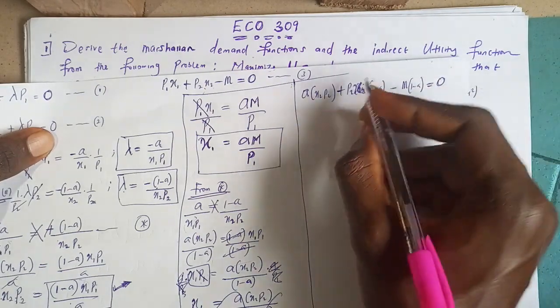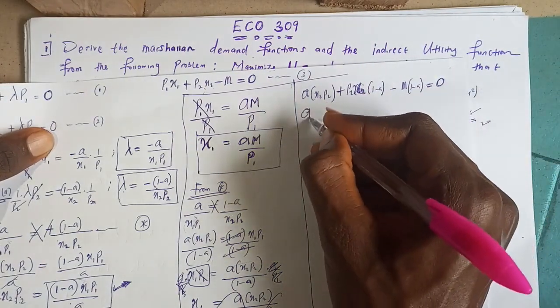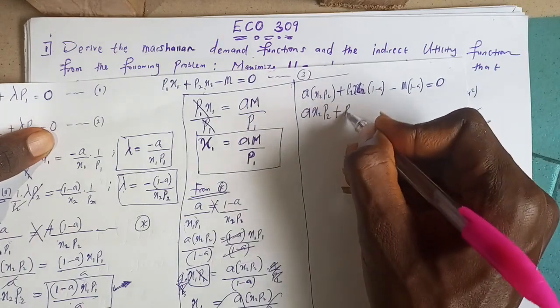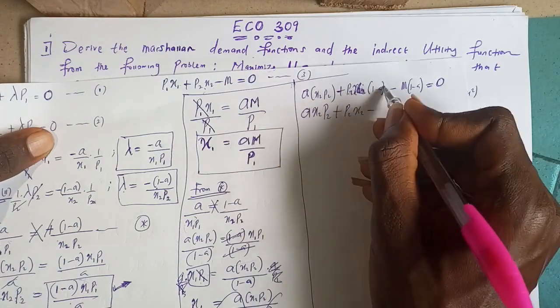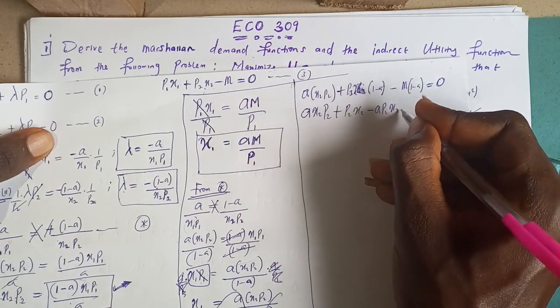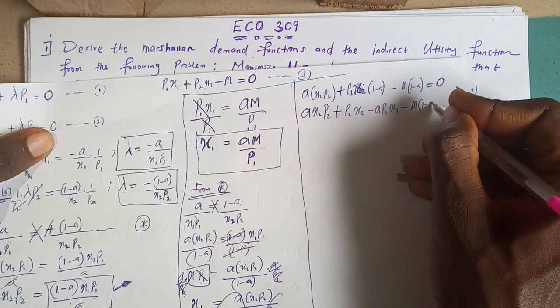So from here we should have a x2 p2 plus, when p2 x2 multiplies 1, I will still have p2 x2. Then minus a times p2 x2, that's a p2 x2, then minus m of 1 minus a equals 0.